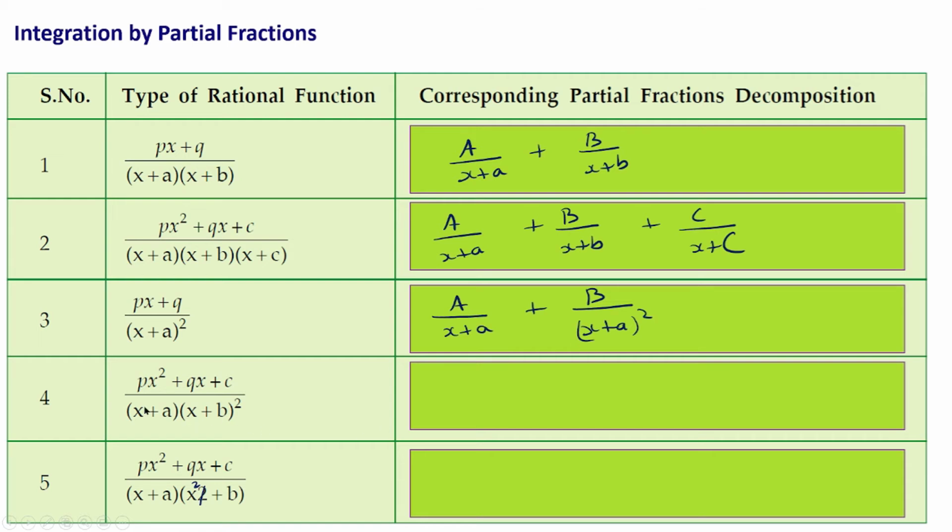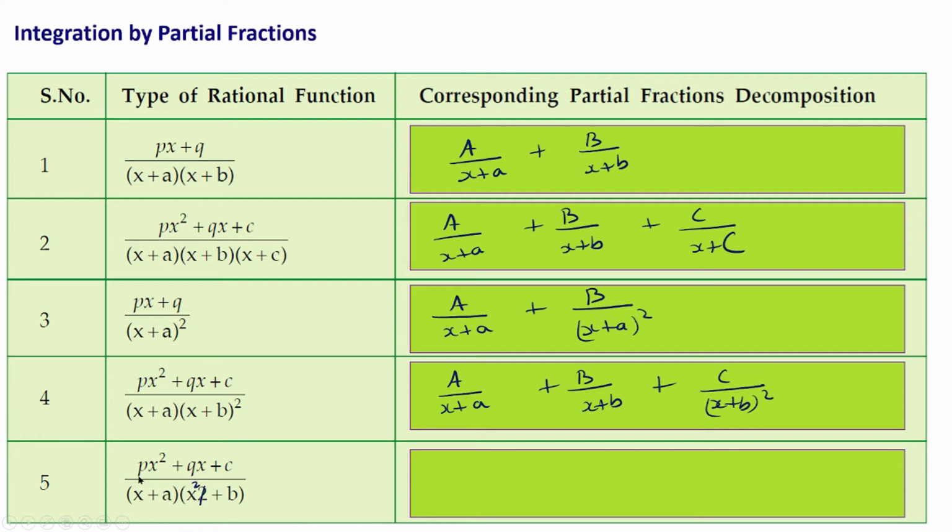And next, if we have the rational function as px square plus qx plus r upon (x plus a) into (x plus b) the whole square, then the corresponding partial fractions will be A by x plus a plus B by x plus b plus C by (x plus b) the whole square.